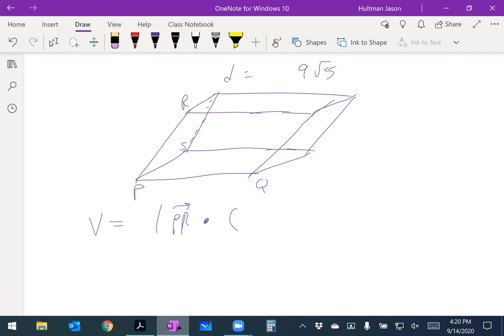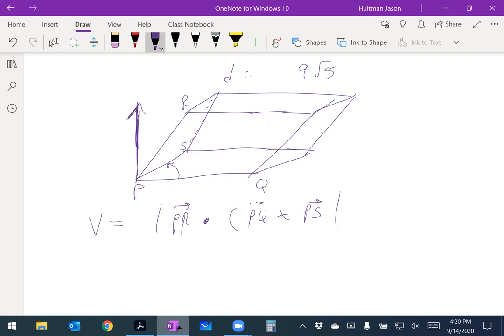Actually, I'll do that backwards. Let's do PQ cross PS. So we get this, and then we get that to be orthogonal. Then we're going to dot that with PR, and that'll give us our volume there.